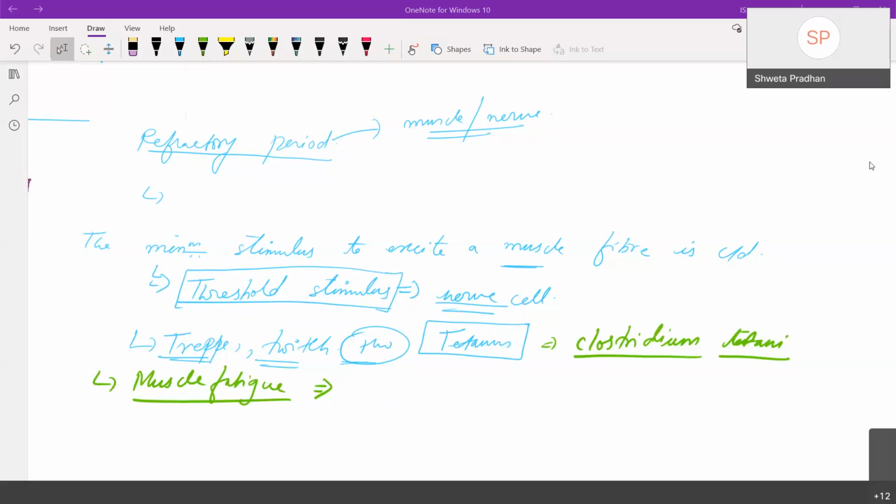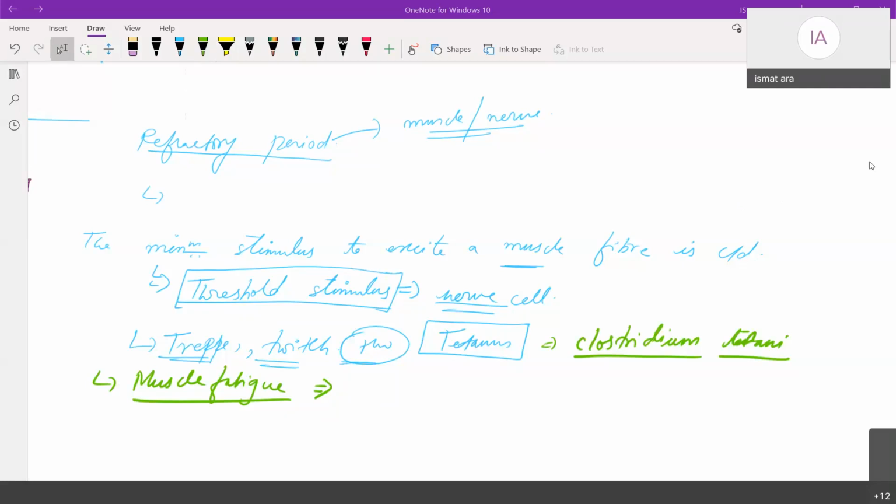Contraction and relaxation will not happen properly. In general terms, this muscle is tired. Because lactic acid deposition takes place and oxygen is already used up, for that particular time period, that muscle is fatigued. We are using the word fatigue.